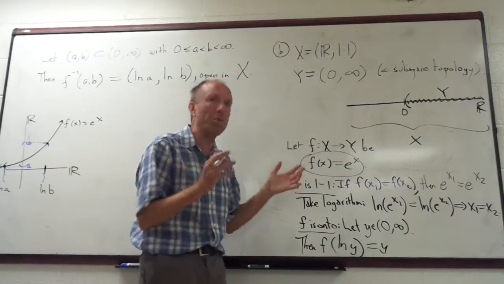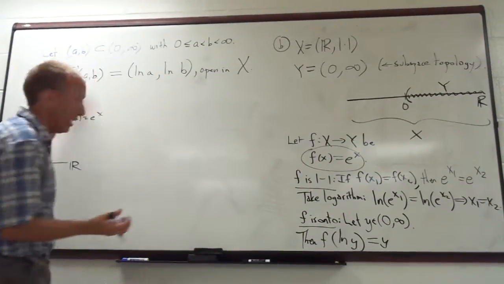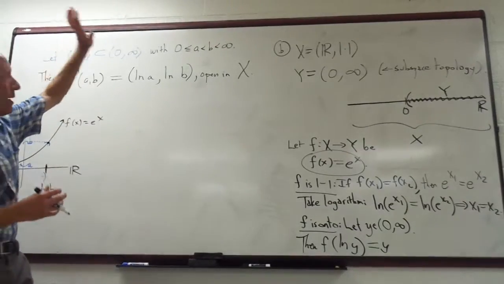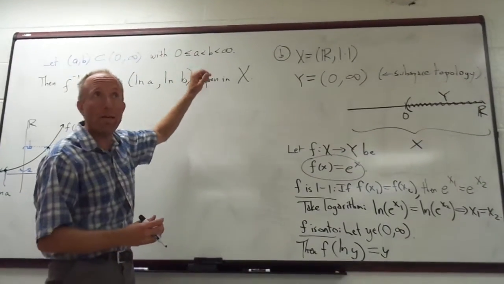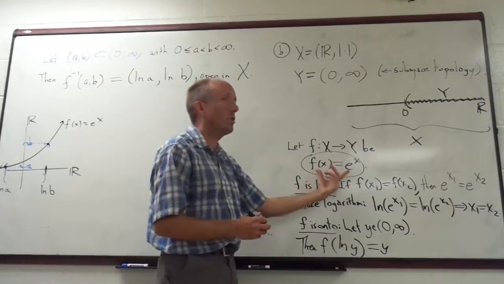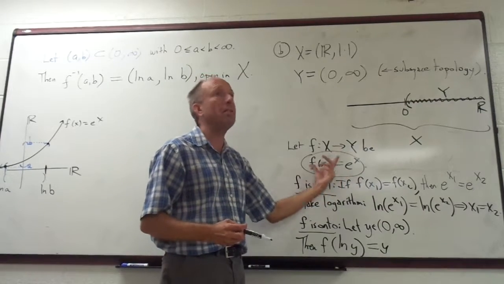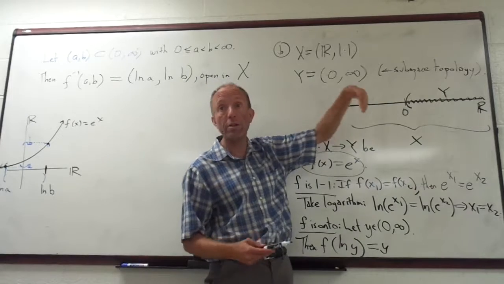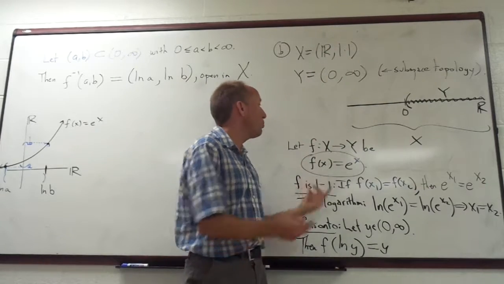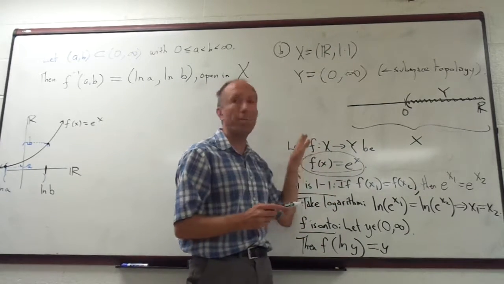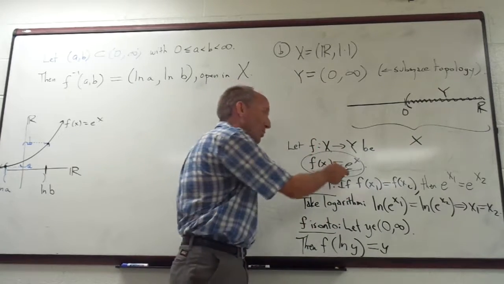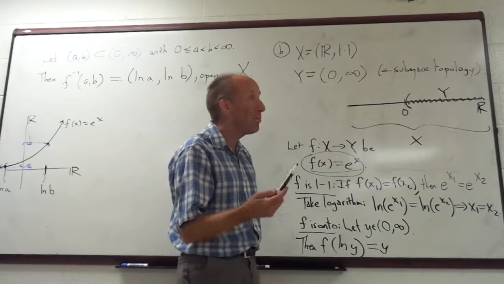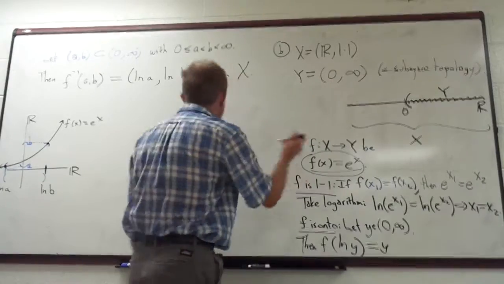The Math 414 way of proving it would be to take a pre-image of an open set and show that it's an open set. But because this is a function you knew about many semesters ago, and as long as you're not using a weird topology, you could just use the fact that you know from your calculus courses that this is continuous. Same thing with the ln function, which is the inverse of this.